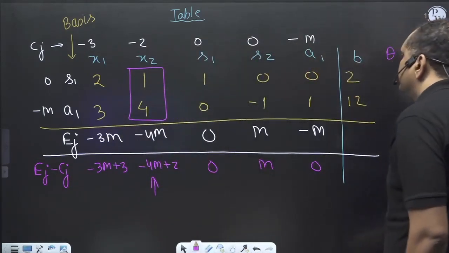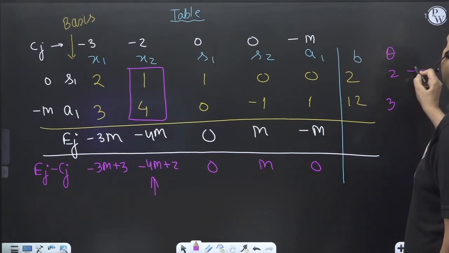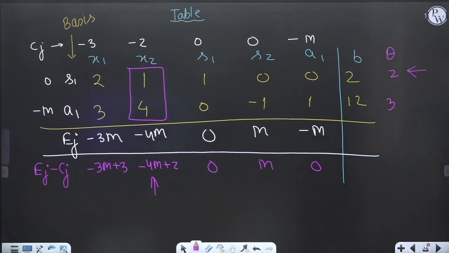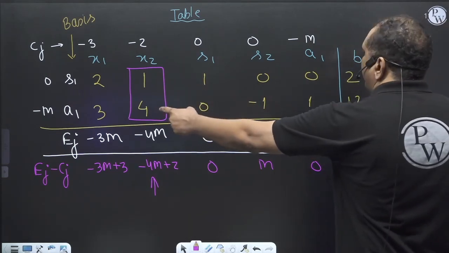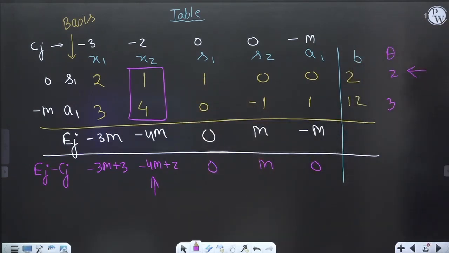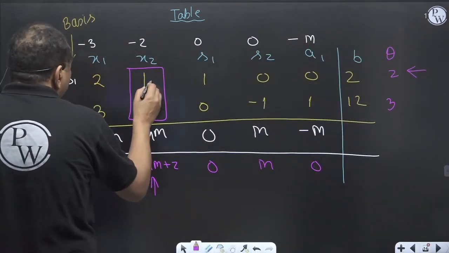Theta: 2 divided by 1 is 2, and 12 divided by 4 is 3. Minimum positive is 2. So this is the pivotal value.